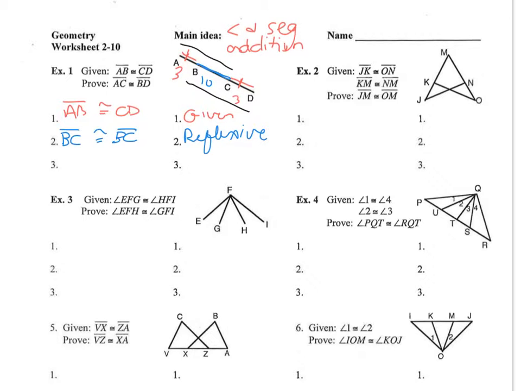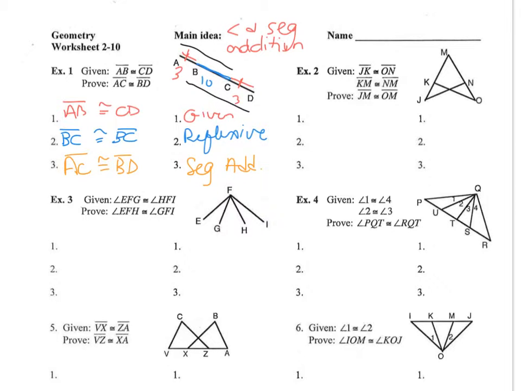I added segment AB plus BC to get 13, and I'm also going to take BC plus CD to get 13. So I would write, let's change this to a different color here, AC is congruent to BD by segment addition, because I'm adding segments together.